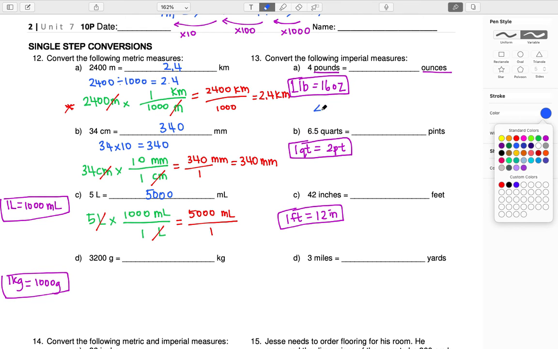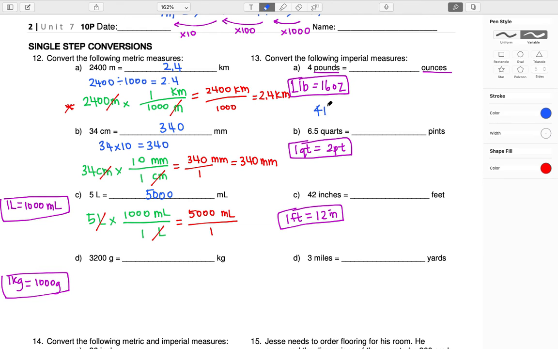So we're given 4 pounds. So pounds is 1 lb, okay? 4 pounds times pound has to be at the bottom and ounces has to be at the top because we're looking for ounces. So therefore, we know that 1 pound is equal to 16 ounces.